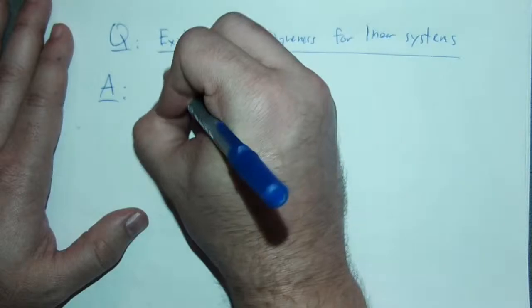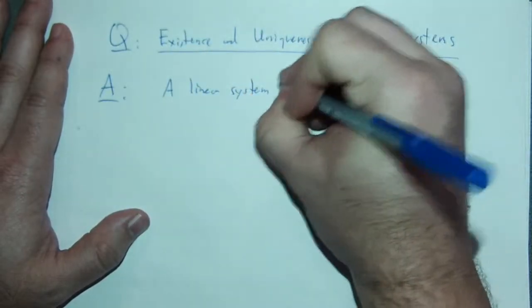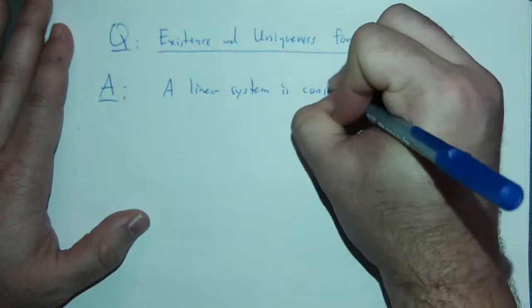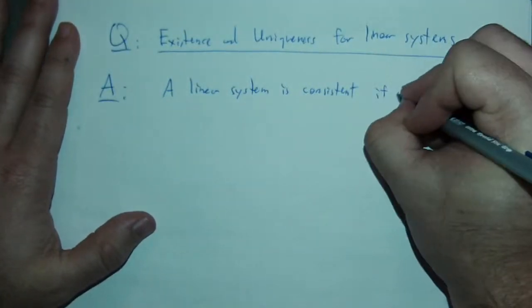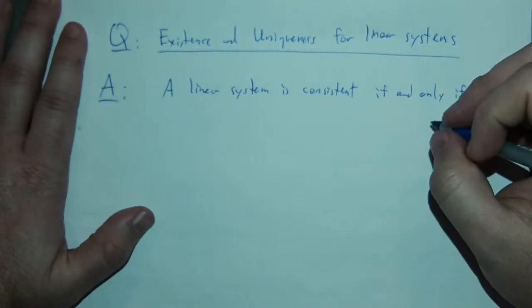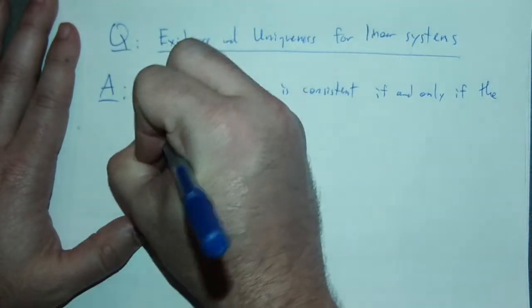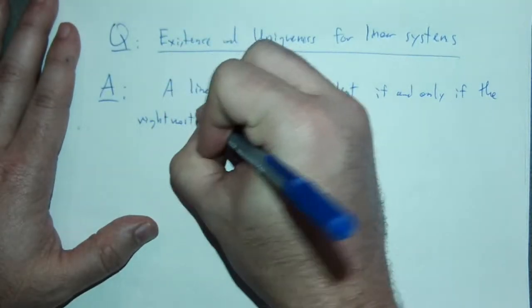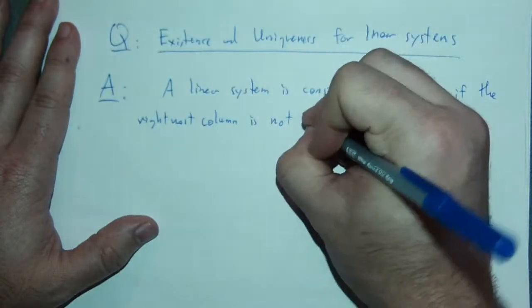So the answer is the following. A linear system is consistent if and only if the rightmost column is not a pivot column.